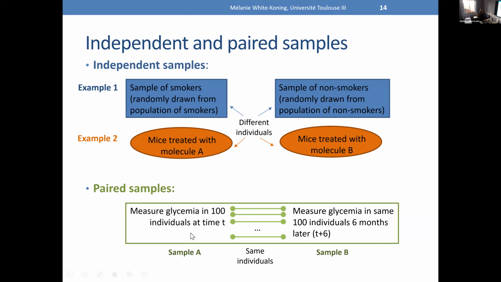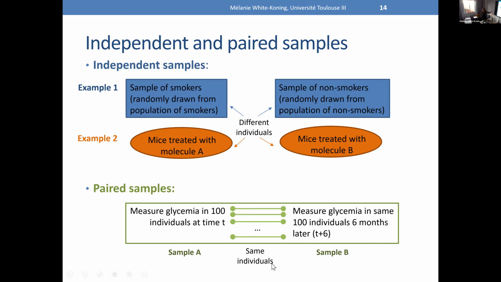But if we have a sample of 100 individuals, we measure their glycemic index, and then 6 months later, we measure the glycemic index again in the same individuals, you have two samples, A and B, but on the same individuals.